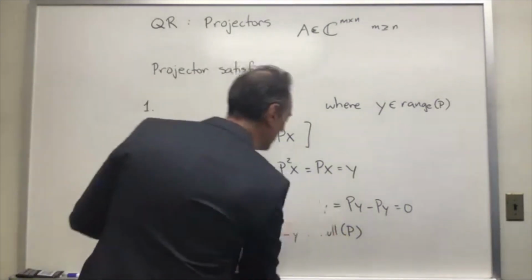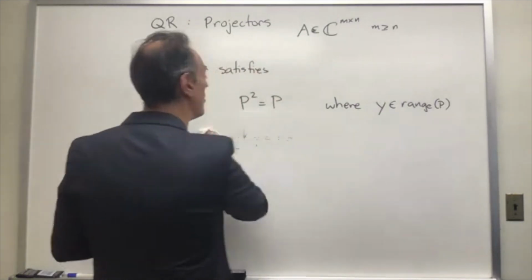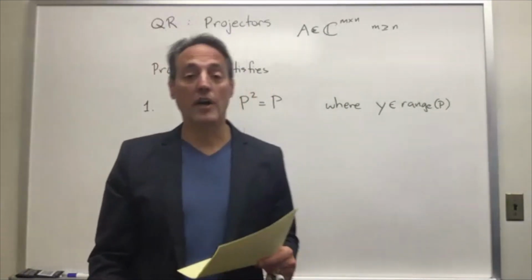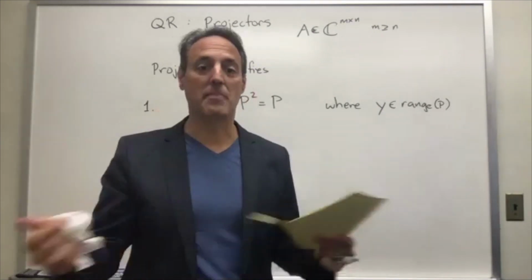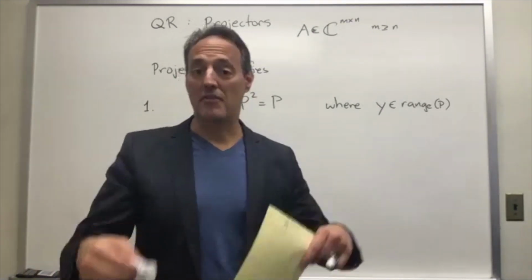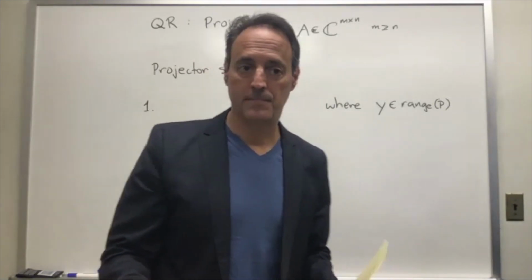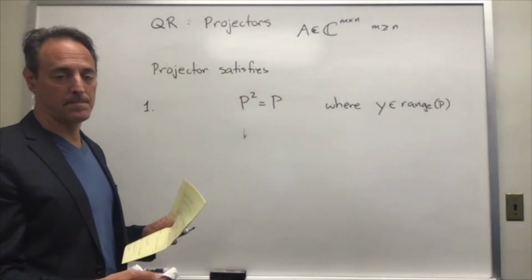I have a question. Yes. Is P always symmetric or Hermitian? No, not necessarily. In fact, if you have an orthogonal projector, it is Hermitian or symmetric. But if you have an oblique projector, it does not have to have that property. But this definition of P squared being P is basically assuming that it's Hermitian.